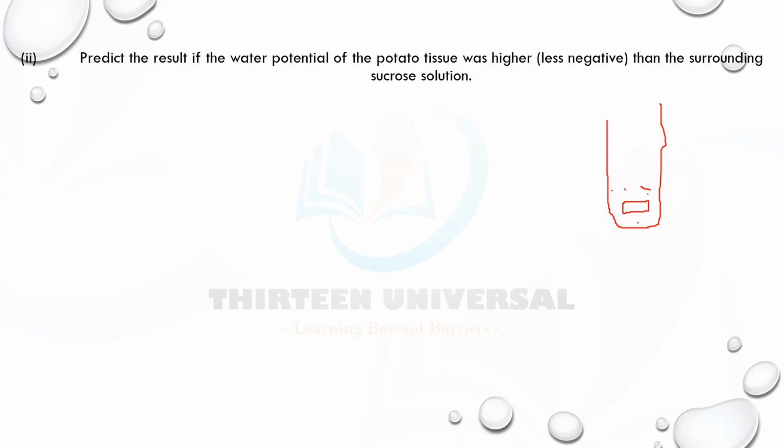Water will leave the potato tissue into the sucrose solution. So water will move out of the tissue by osmosis. And when water moves out, it dilutes this sucrose solution.